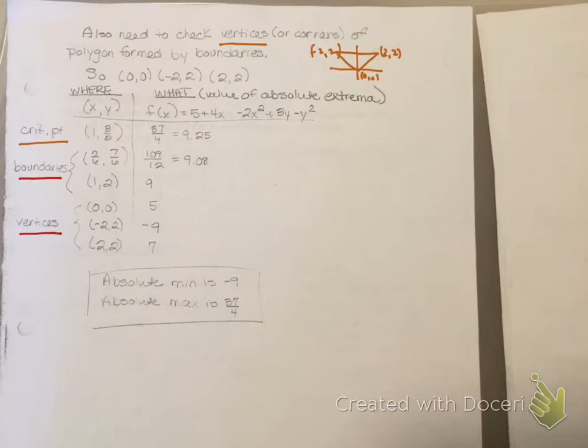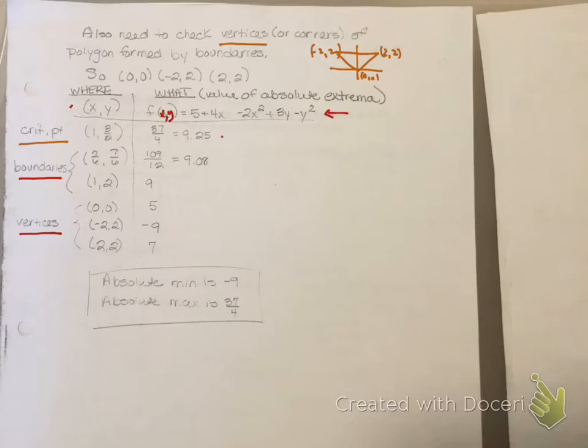And when you check them, it's just like in Calc 1. You're going to find the coordinate associated with that, so you can figure out what this value is going to be. So for f of x comma y, you're going to plug in those points that you see over on the left-hand side and calculate what they will be once you plug them in. Well, I just went ahead and did the calculation.